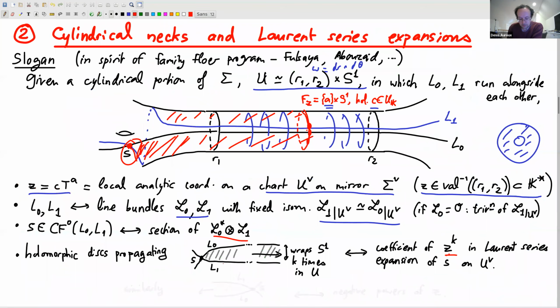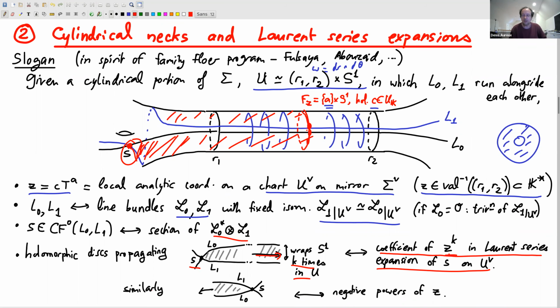And so the count of such disks, which propagate whichever way they must and then enter this region wrapping k times around the S1 factor, is going to be the coefficient of Z to the k in the Laurent series expansion of S on this piece of the mirror. That's probably something physicists were well aware of, and they probably had words like propagating modes of vibration of a string or something. But I think mathematicians kind of lost sight of that, and so I'm trying to reintroduce that a little bit. Again, this is nothing fancy compared to what happens in family Floer. This is just one little concrete piece of it.